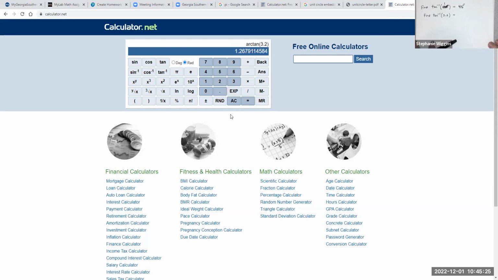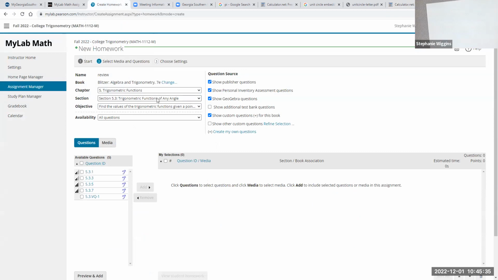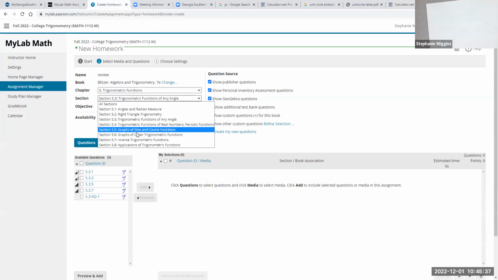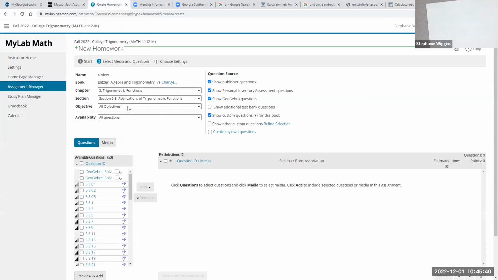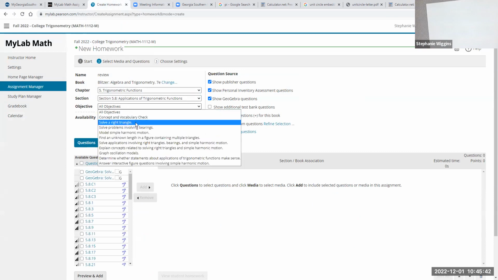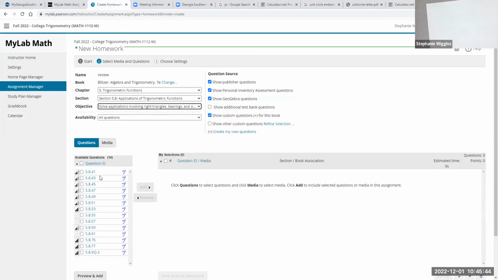Make sure you're able to solve a right triangle and do certain applications of that. That was section 5.8. I don't have any problems where you're having to solve oblique triangles.